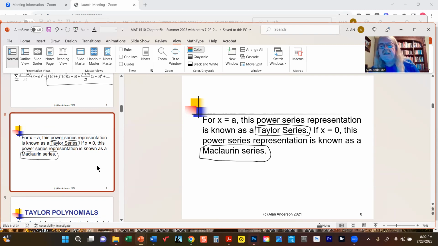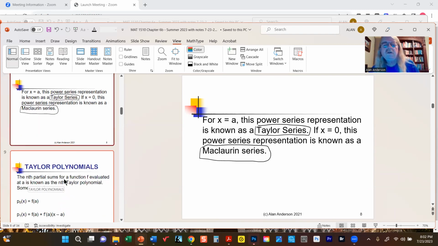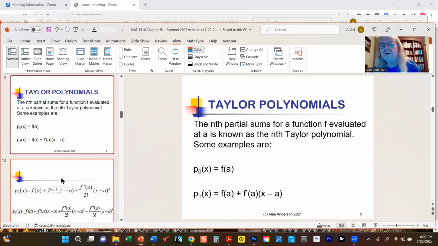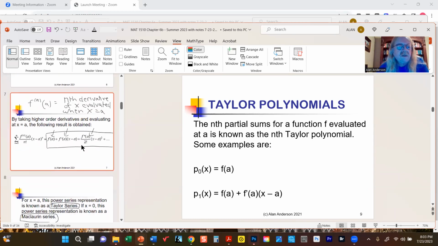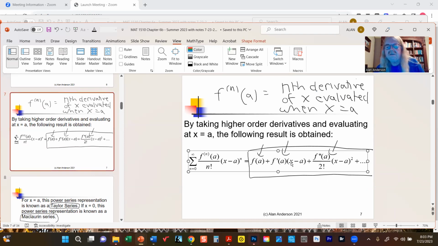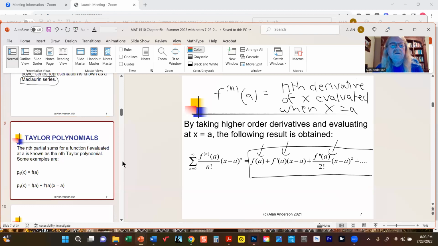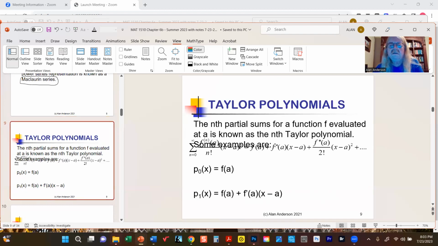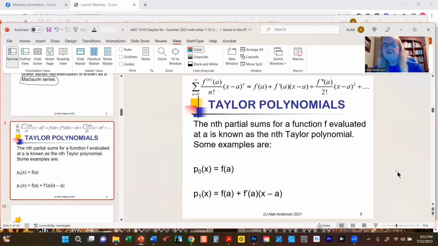Now, we're going to create what are called Taylor polynomials. They're actually partial sums, like we saw earlier. And so we're going to write them in a very specific way based on what we just saw. P0 means just this term.